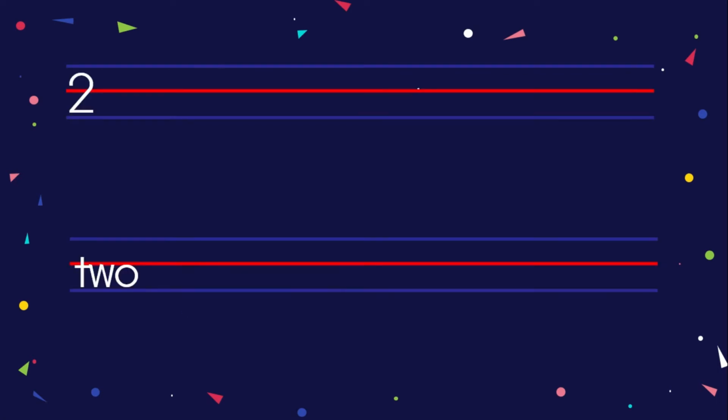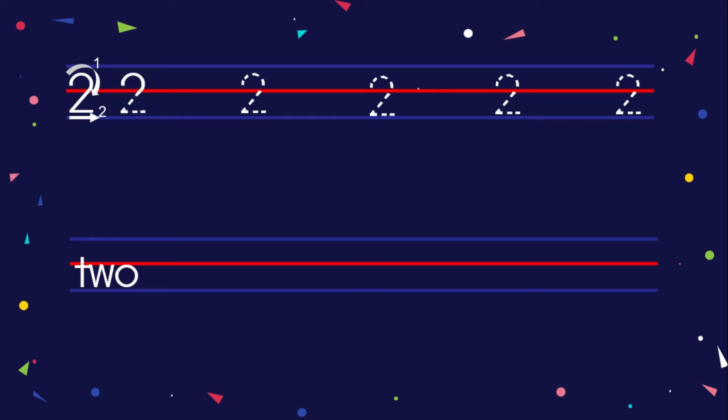Now, for number 2. So for the numeral 2, first, you're just going to make a curved line papunta sa lower left. Okay? So that will be the first one. And then you're going to write a straight line under it. Okay? So that will be step 2. So let's try to trace these broken lines here.